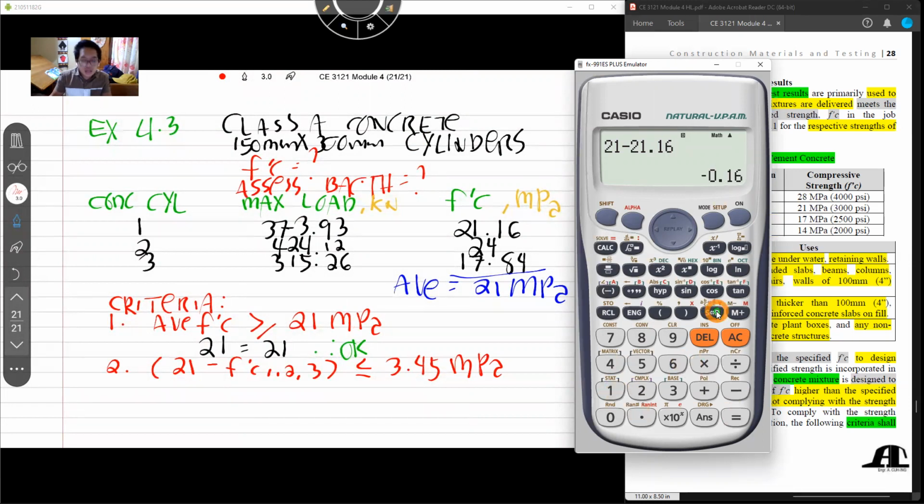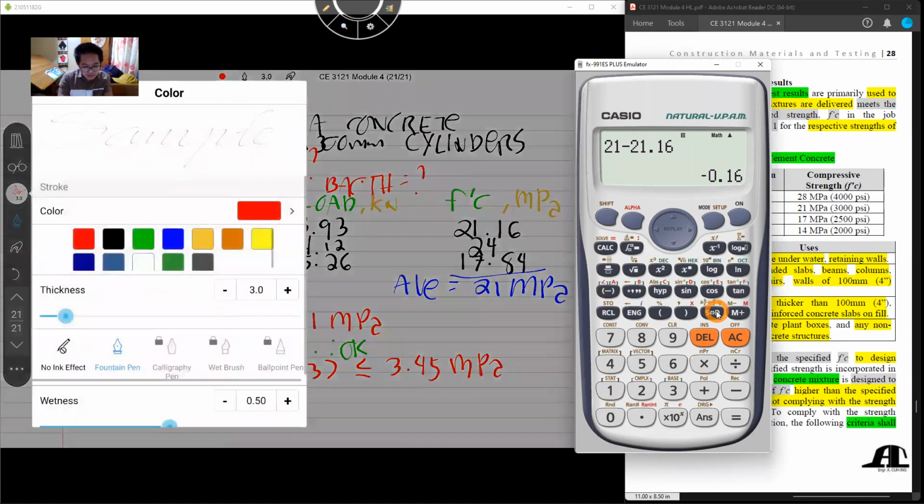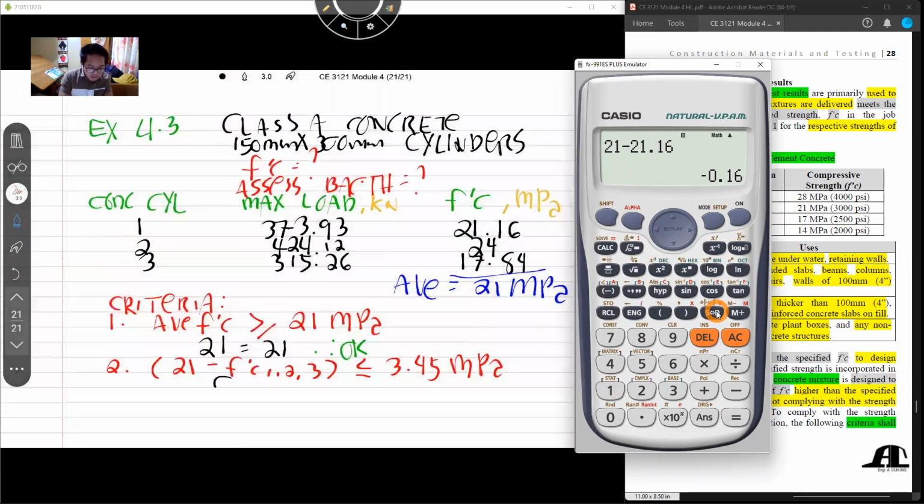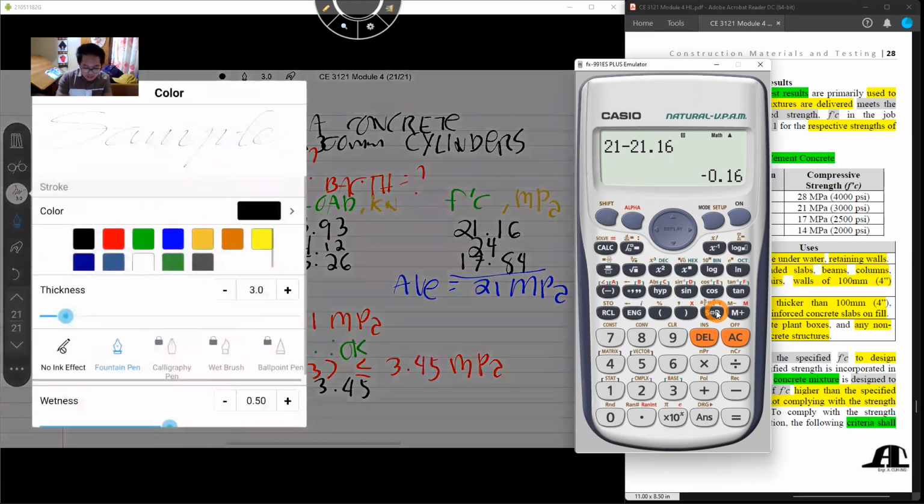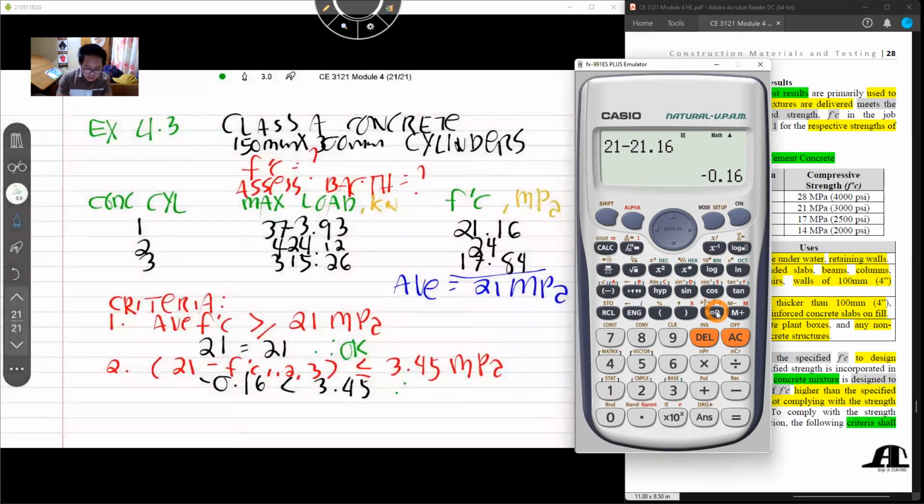So, kung titignan natin class dun sa cylinder 1 natin class, pasok siya. Kasi 0 point negative pa nga eh. Diba? Walang bearing class yung negative. So it is class, pasok siya because it is less than. Huwag na natin lagyan na equal to. So less than siya class 3.45. Okay? So with this class, okay.